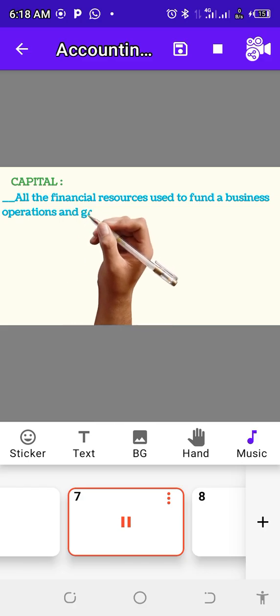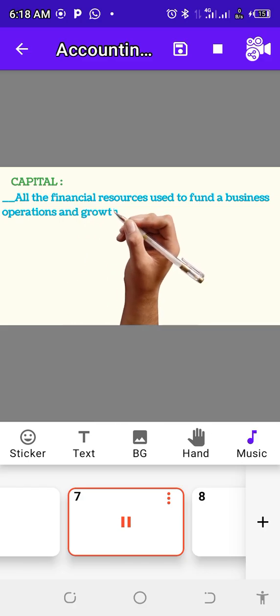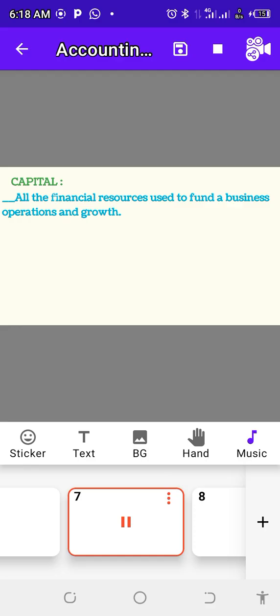All financial resources used to fund a business operation and growth are referred to as what? Capital.